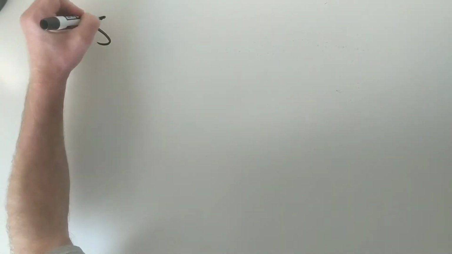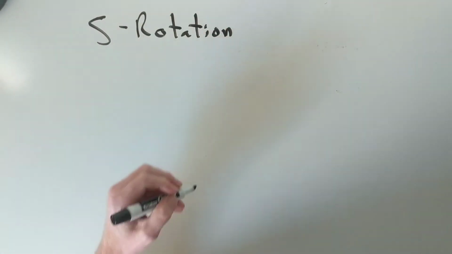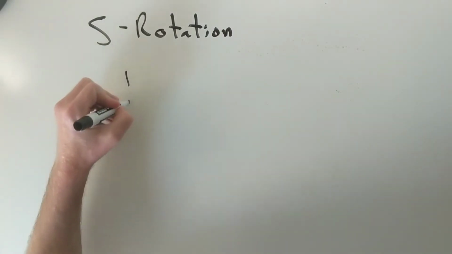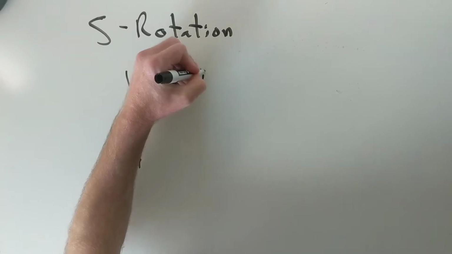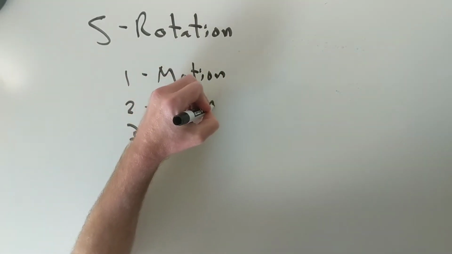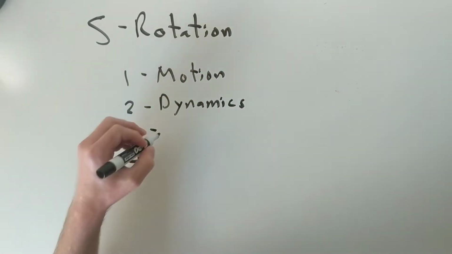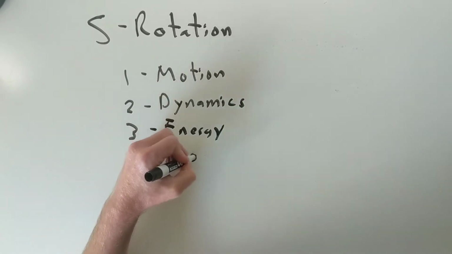So rotation. Let's actually take a look at the whole unit of rotation. There's a lot in there, so let's break it down to some of the bigger concepts that came up. In Unit 5, rotation, there's really four parts. The four parts are motion, what we call dynamics, then we have energy, and momentum.